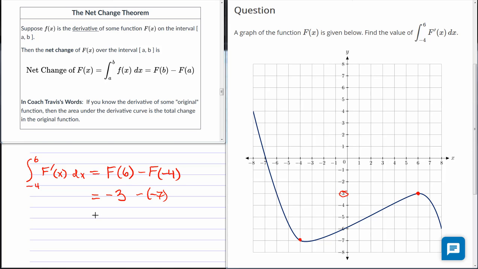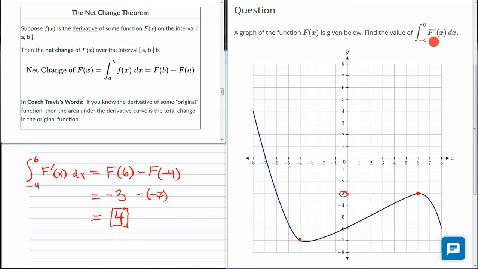So -7. And so the net change here is a positive 4. That would be my final answer. So the net change theorem tells us that this integral is actually equal to positive 4.